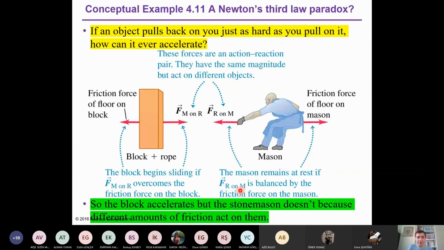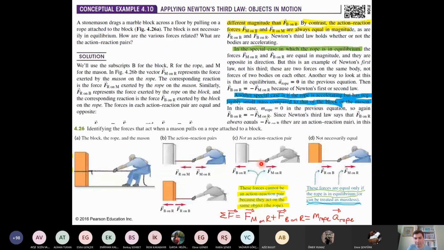The net force acting on the rope is given by the force applied by the mason to the right side plus the force applied by the block to the left side, right? Which is equal to m rope, the mass of the rope, times the acceleration of the rope.